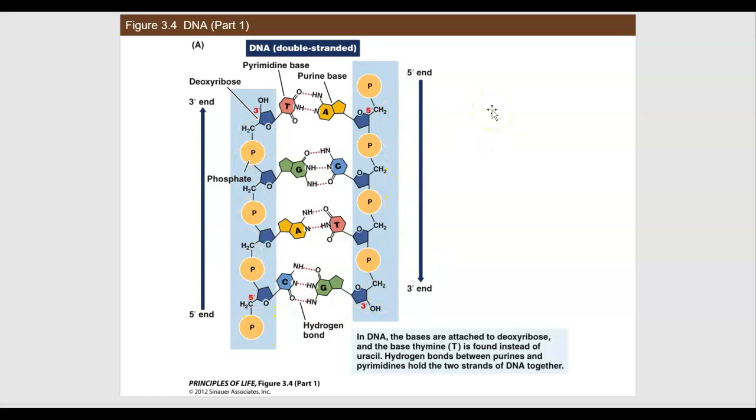Notice that its orientation is that one side is going from 5' to 3', just meaning here's the bottom of it, here is the 5th carbon, and at the top you see that last one is the 3rd carbon here, but then the other side is the flip side of that. So then we have a 5' to 3' end.